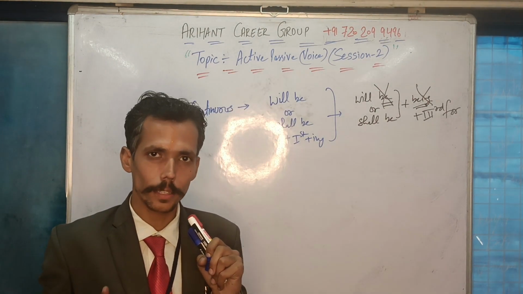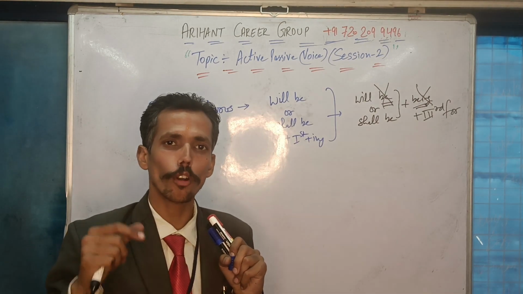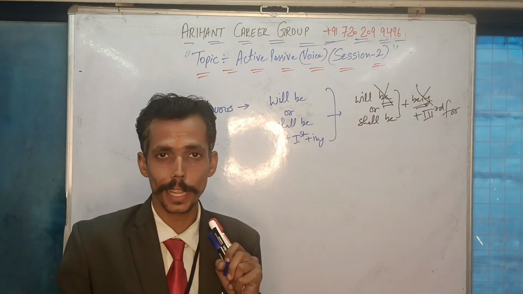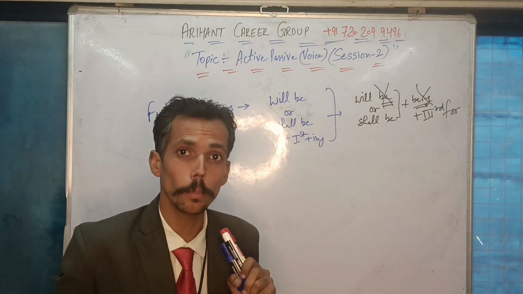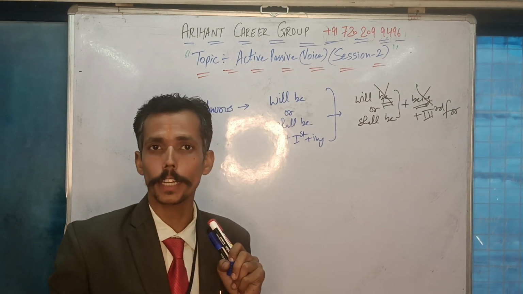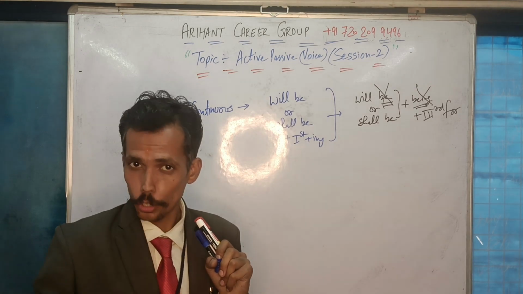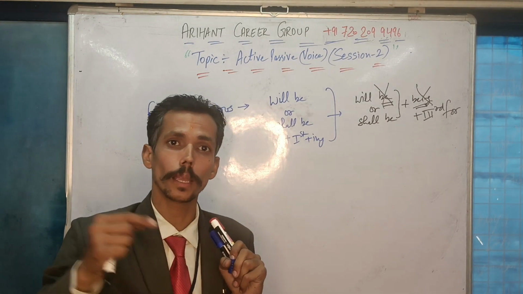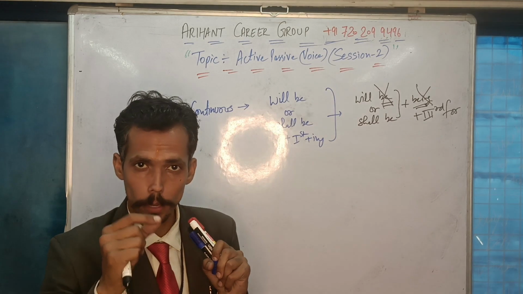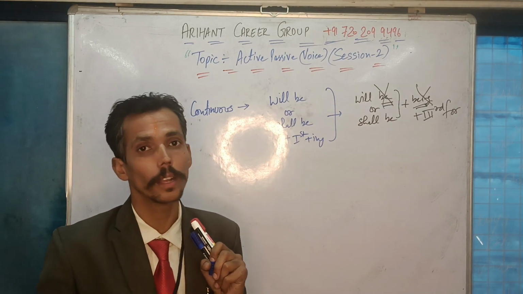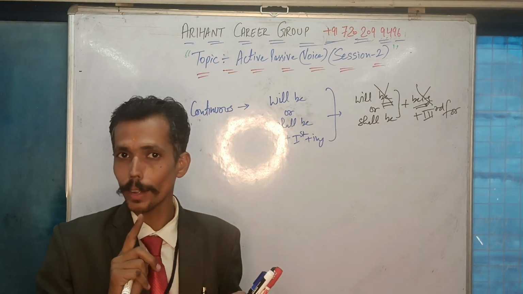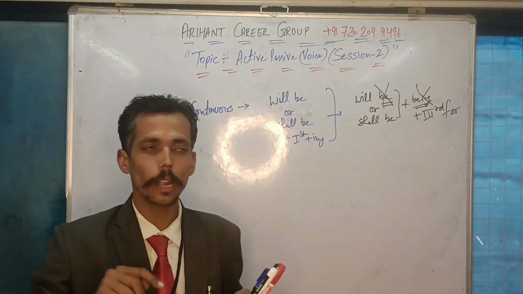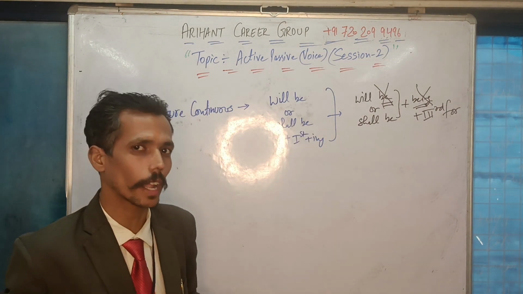In case of future continuous, we cannot make sentences active passive, because you will be given will be or shall be in the question plus ing. Once you convert ing into being, and again you are carrying the same helping verbs, either will be or shall be depending on the subject, you are using be and being both in the same sentence, which is not accepted grammatically. So this rule cannot be discussed in active passive.